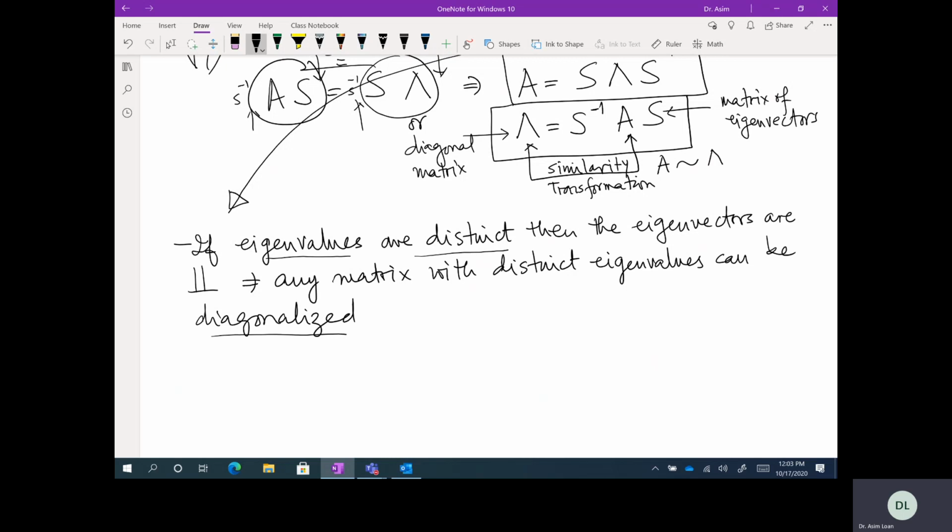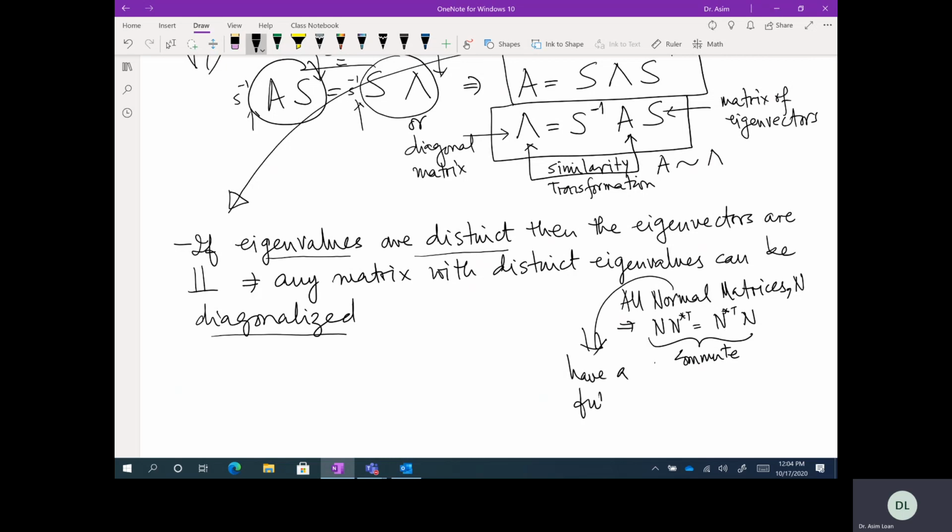So let me write here all normal matrices. And what are all normal matrices? All normal matrices imply N times N conjugate transpose is equal to N conjugate transpose times N. So if these matrices commute, then all normal matrices have a full set of eigenvectors.